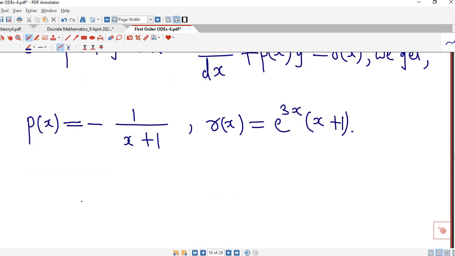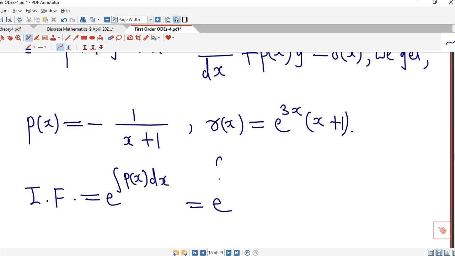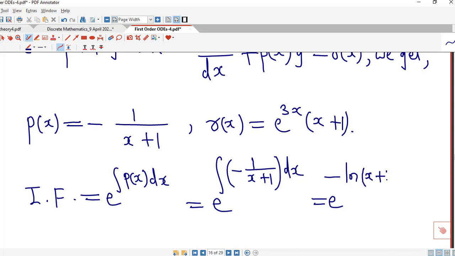Now we find out the integrating factor. Integrating factor is given by e to the power integral of p(x). Here integral of p(x) is integral of minus 1 over x plus 1 dx. Integral of minus 1 over x plus 1 is minus logarithm of x plus 1.